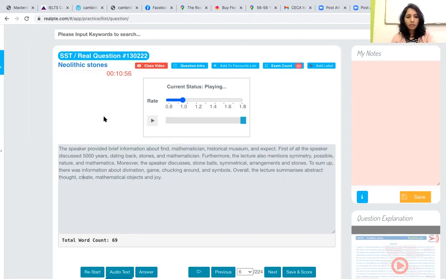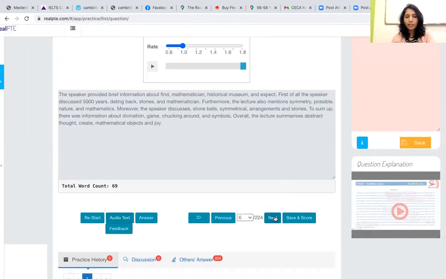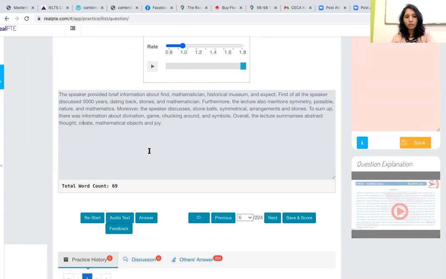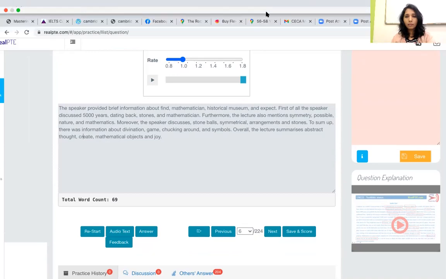Okay, and then you can click next and solve the next question. All right, so I'll stop sharing the screen and I'll take you back to the next question types.